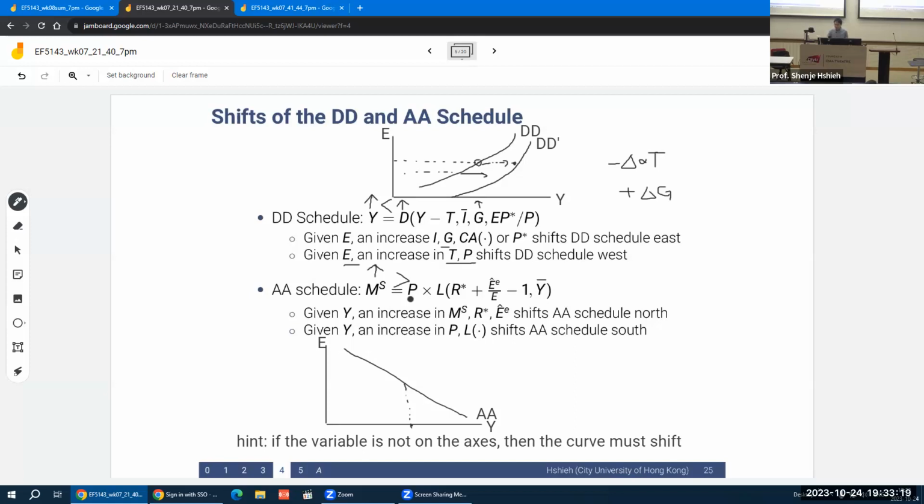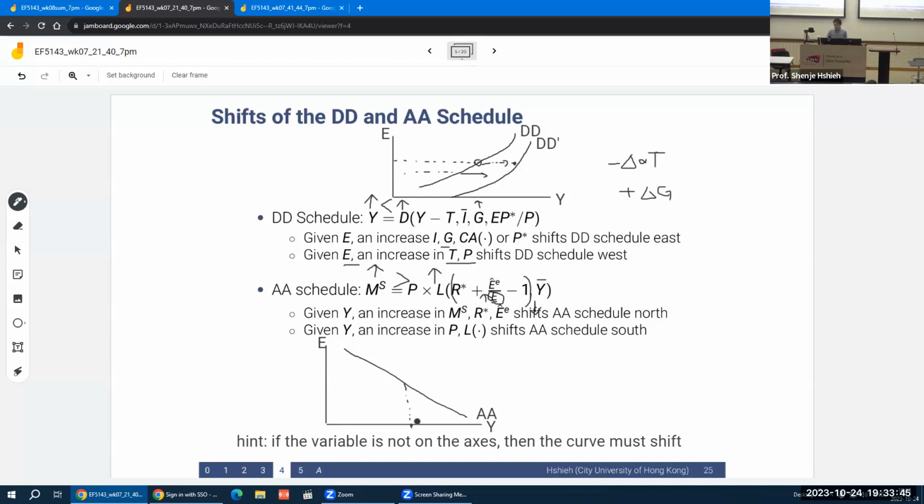So that means if we don't change P, then the L function has to somehow increase. That's only possible if we don't change Y, if R decreases somehow, right? And that's only possible if E increases, right? If E increases, R decreases, L increases, restore parity.